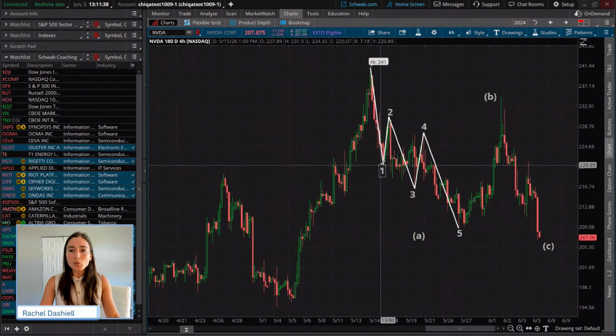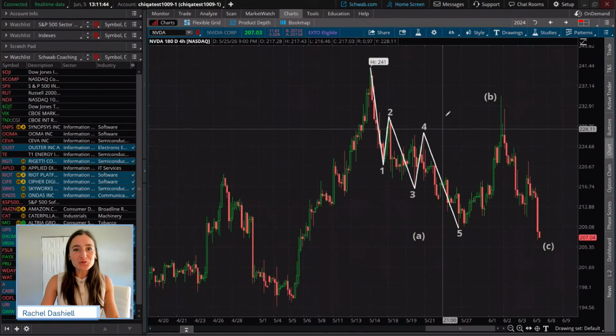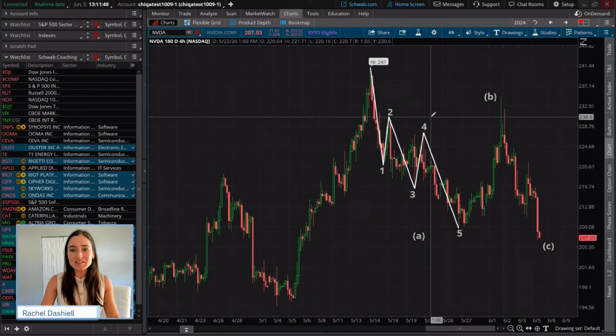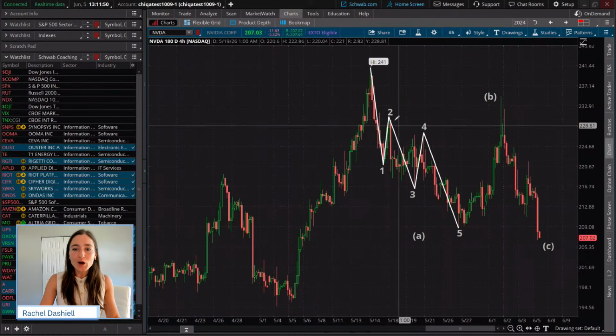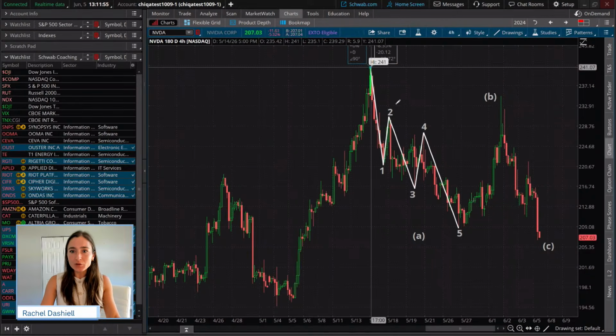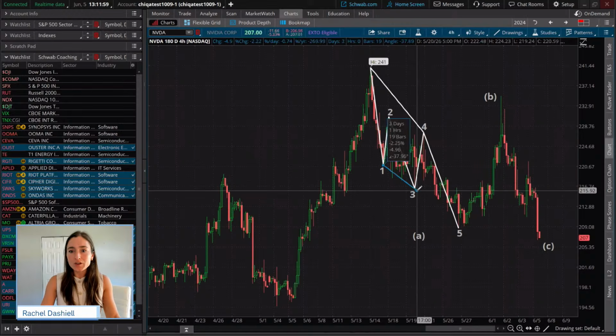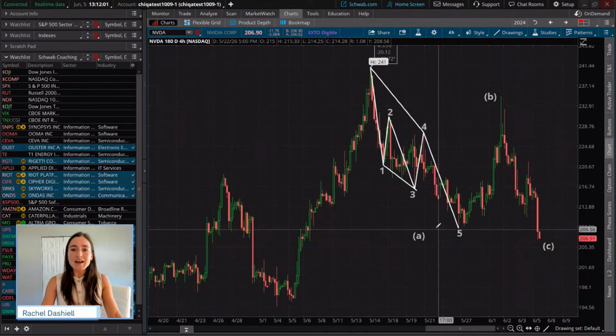But you guys are probably wondering, well, Rachel, you just glossed past that one rule, that wave 4 can never enter into the territory of wave 1. And the answer I will provide is this: typically, you see this occur when you have a leading diagonal.